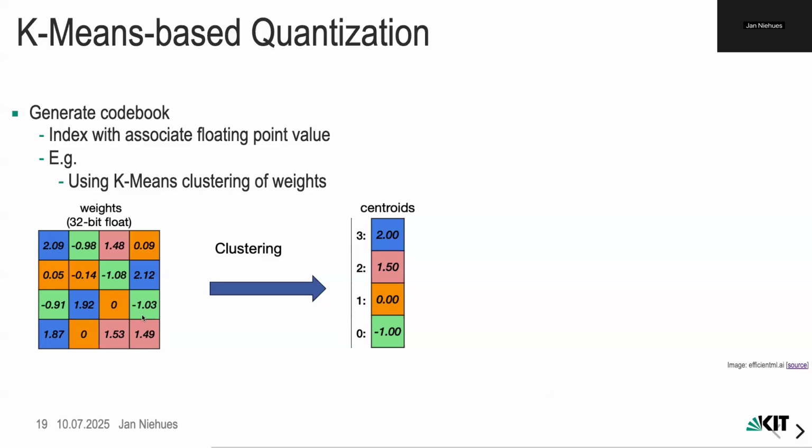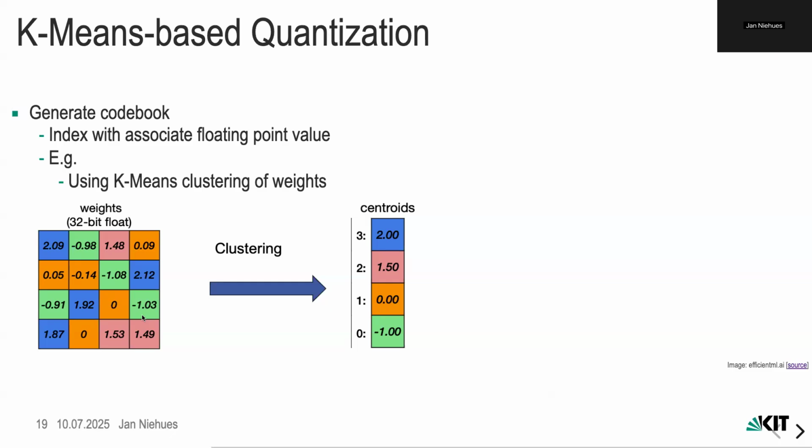This is k-means clustering, which means that you have your set of weights at the beginning, and then you're doing clustering, and you find your main clusters. For example, you could here find the clusters 2, -1.50, and -1. So these would be some of the main clusters where you cover most of the weights here.